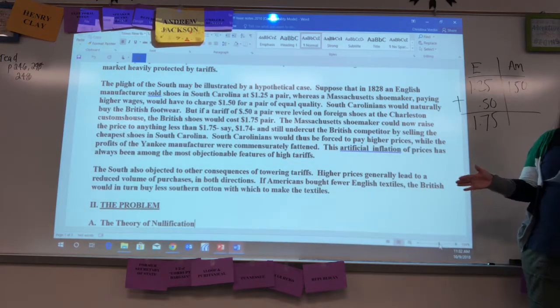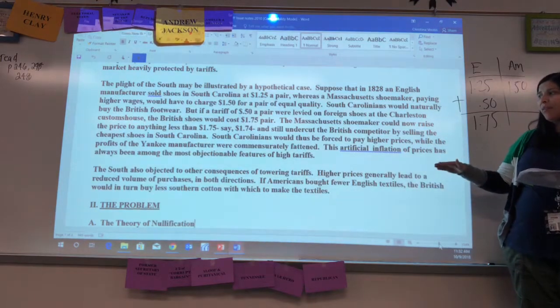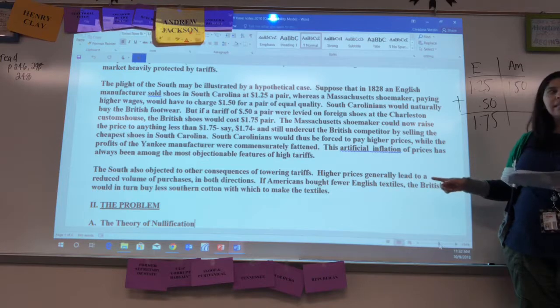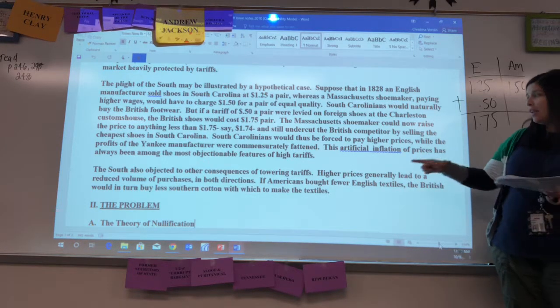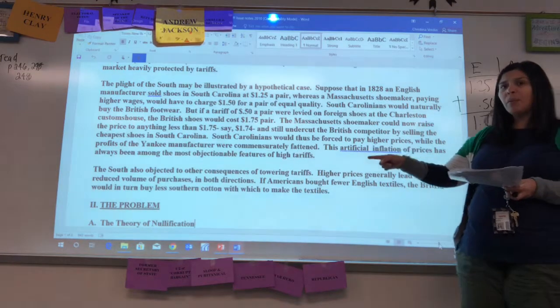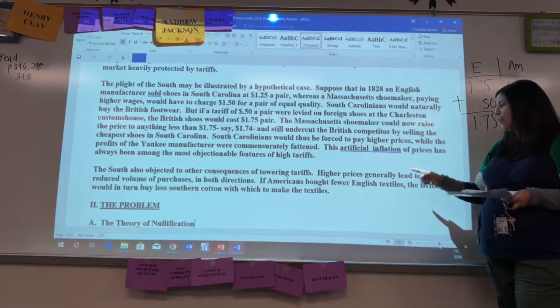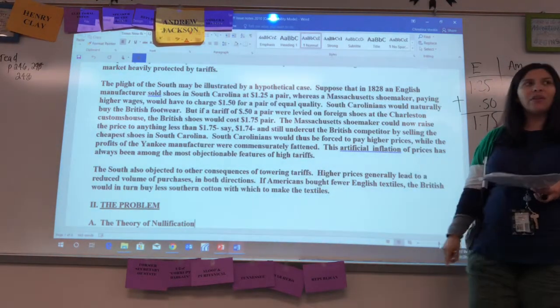The other reason why, here's our second reason. The South objected to the towering tariffs; higher prices meant that they're not buying from the British. It would reduce the volume of purchases in both directions. If Americans bought fewer English textiles, the British bought less Southern cotton.